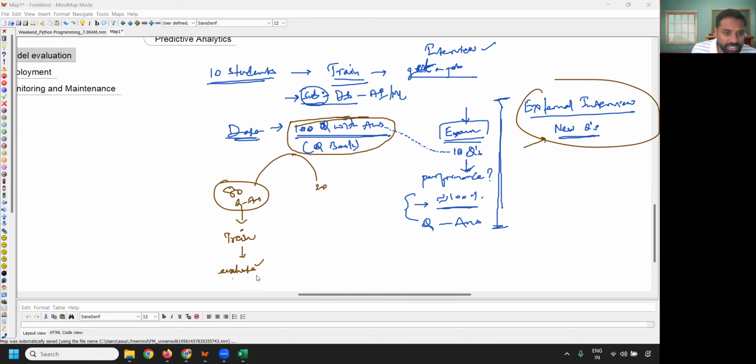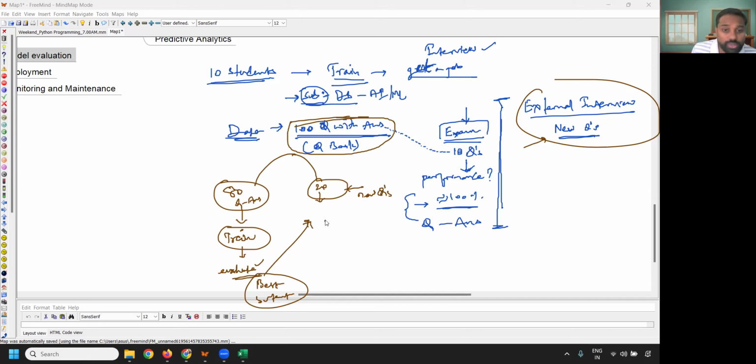So once we identify the best student here, we evaluate the best student on the 20 questions that we have taken aside. These 20 questions are not used in training, so they represent the new, unknown question scenario.